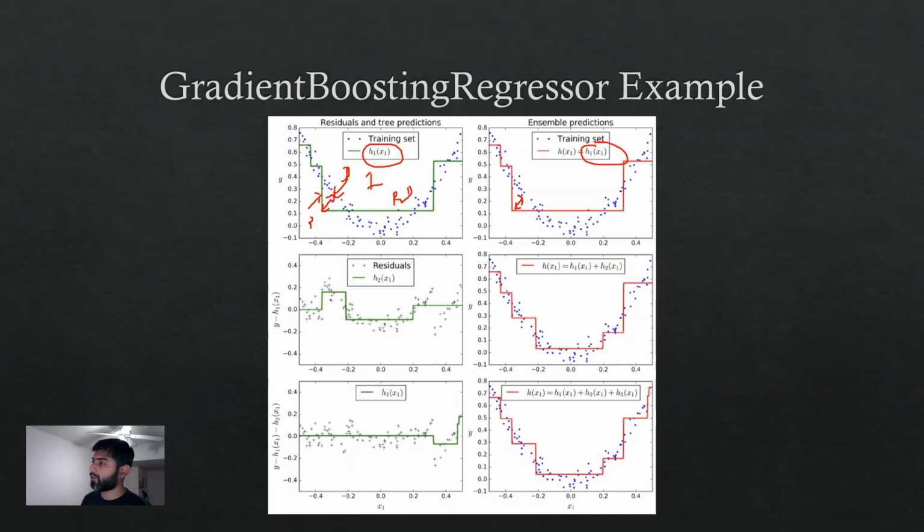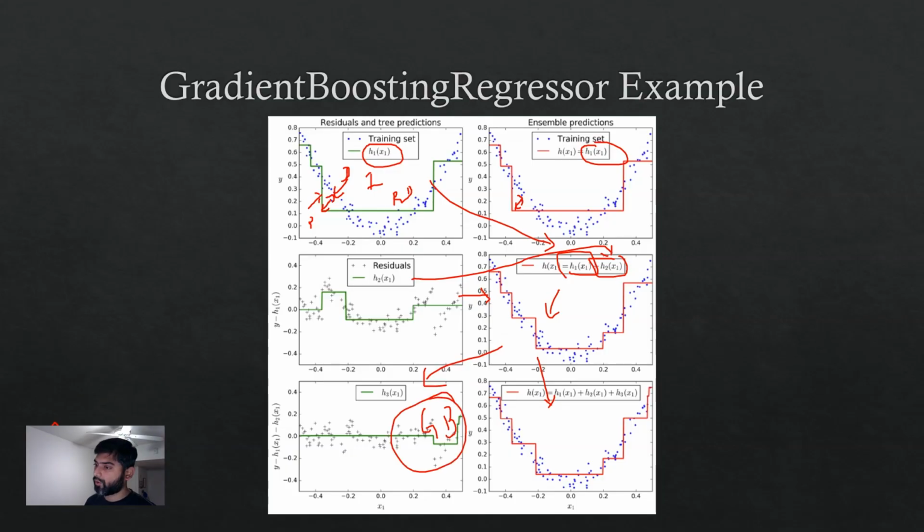It ran the decision tree algorithm on the residuals. And now h1(x1), which was this, plus h2(x1) from the residuals, improves the ensemble, and it continues this process, keeps improving the accuracy, and this is what gradient boosting is for you.